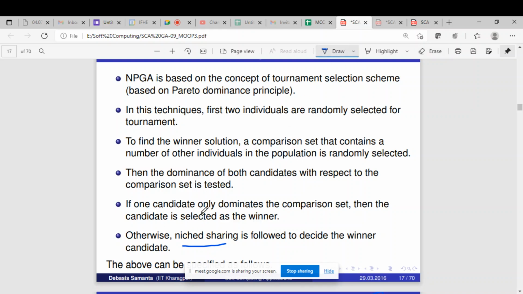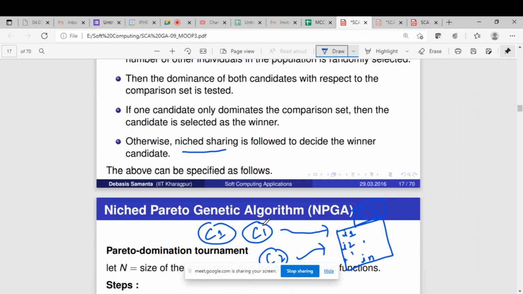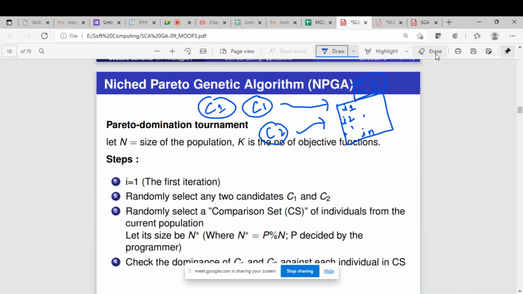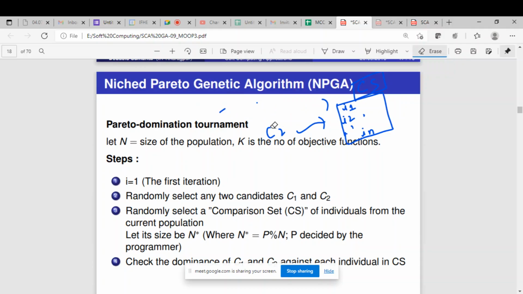Okay. So basically, in simple terms, assume that there is a competition between many countries.